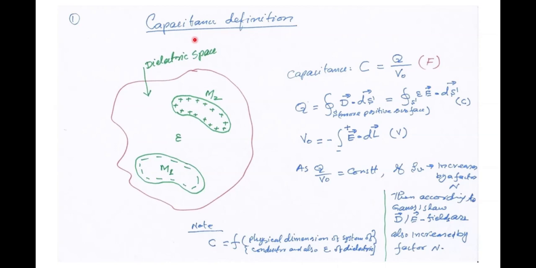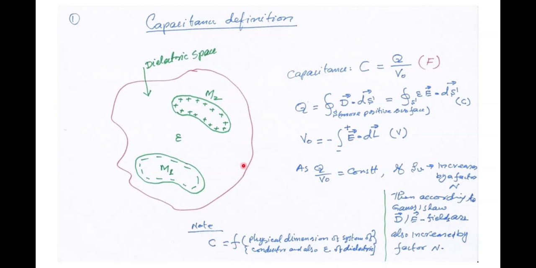So let us first define what capacitance is. Assume a dielectric space, which is denoted by the red structure.